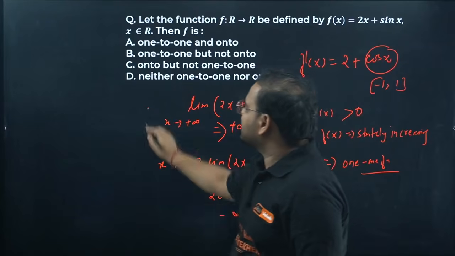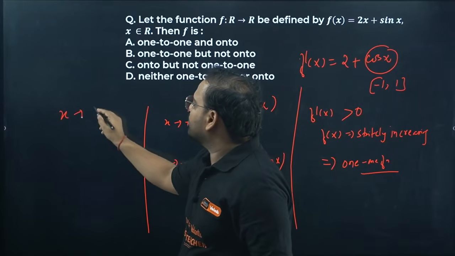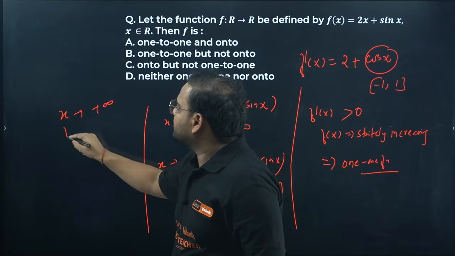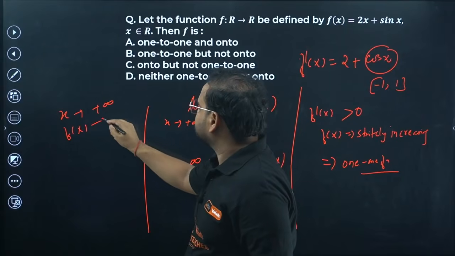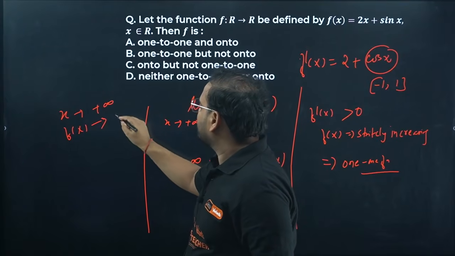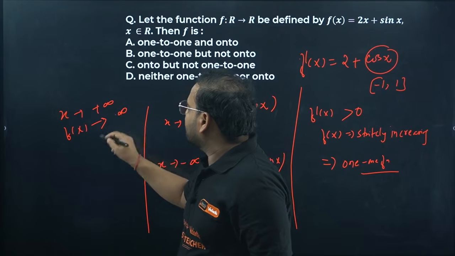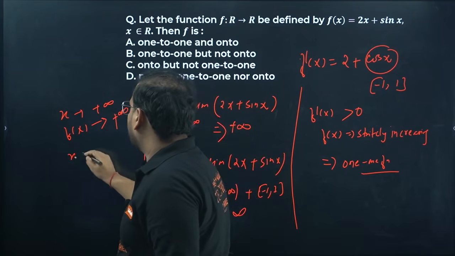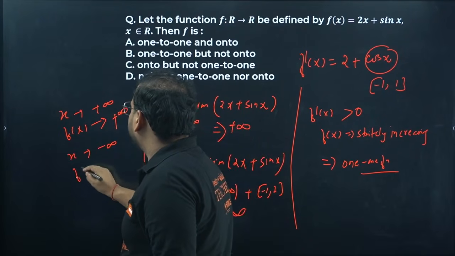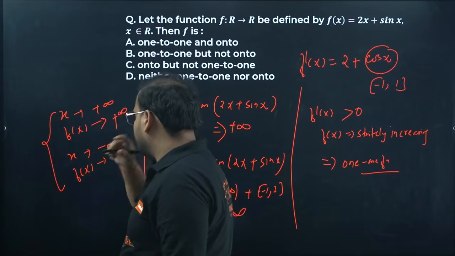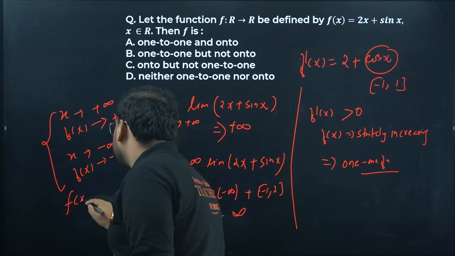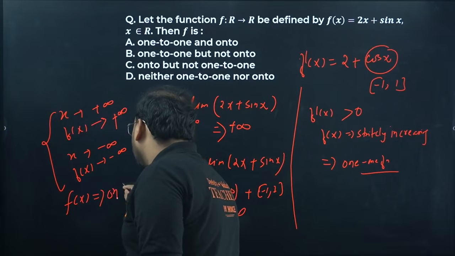So the condition is that x tends to plus infinity, f(x) also tends to plus infinity, and if x tends to minus infinity, f(x) should also tend to minus infinity. If this is true, it means the given function f(x) is onto.